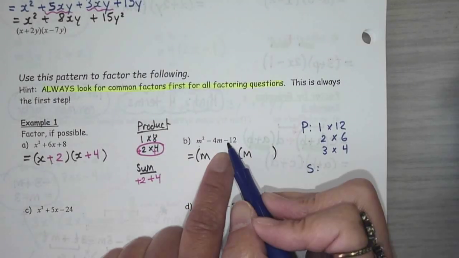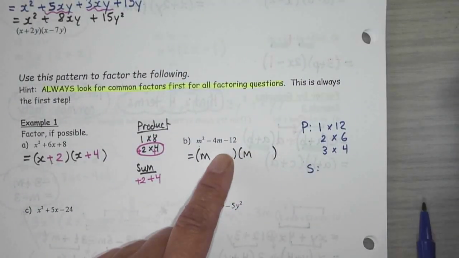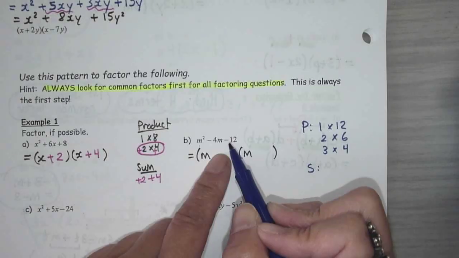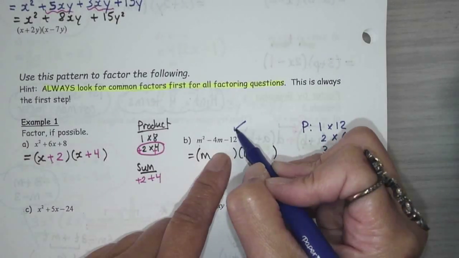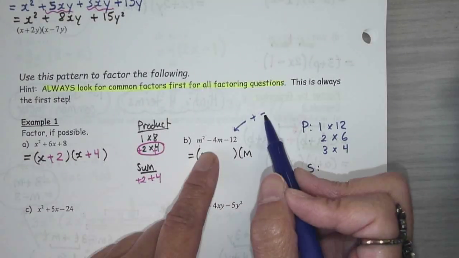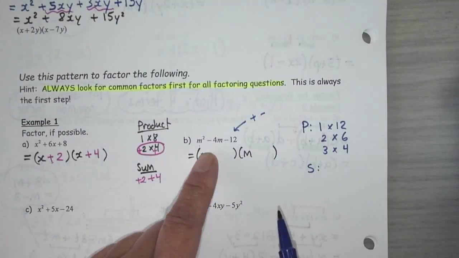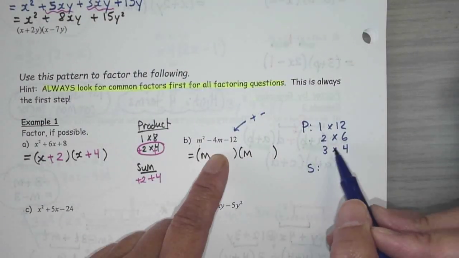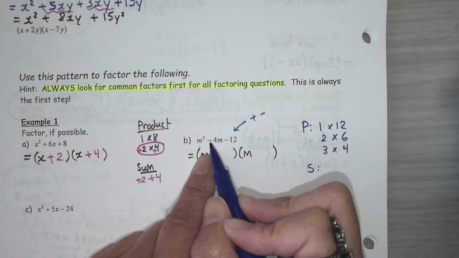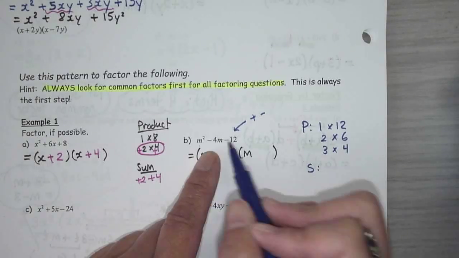So if I know it multiplies, you have to watch the signs. The signs are really, really important. Sometimes you get the numbers, but the signs are backwards. So I know it multiplies to negative 12, so I need one positive and one negative, right? I need a positive and a negative. So where am I going to put the positive and negative if I'm adding to negative 4? I want the bigger number to be negative.